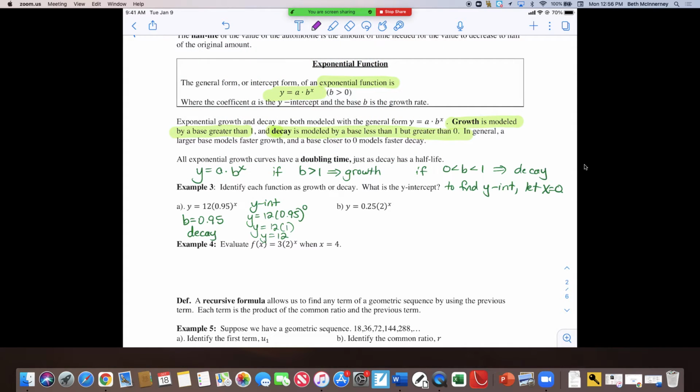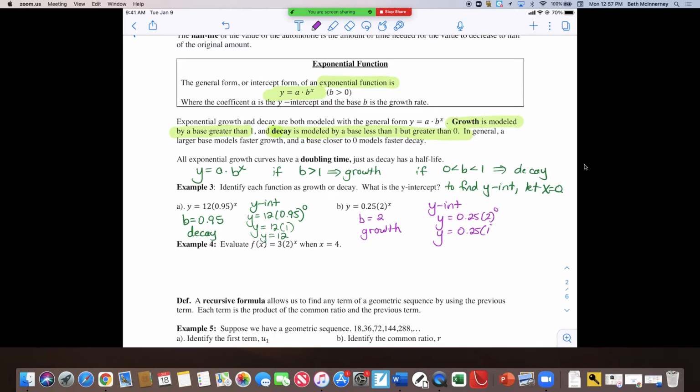All right, letter B. What is B in this one? 2. Is that growth or decay? It's growth. In order to do the y-intercept, you let x be 0.